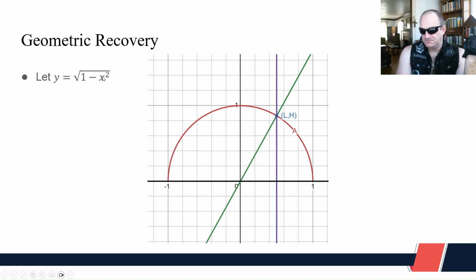And you say, well, if pi is to have the geometric significance it has, then the area under this curve here should be equal to pi over 2, or the area of the whole circle, if you can imagine the second half of it down here, should be equal to pi, and the circumference of the whole circle should be equal to 2 pi. So how do we see that?